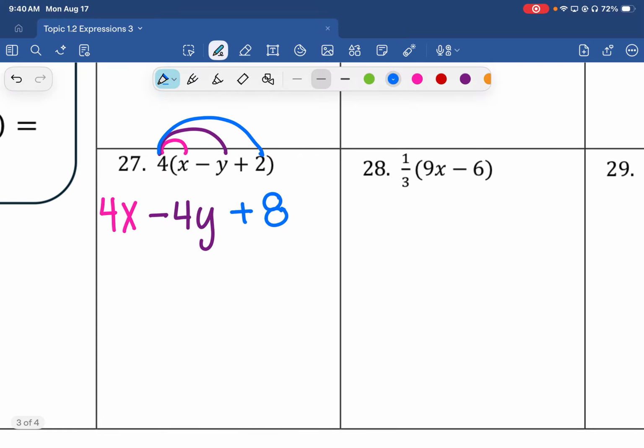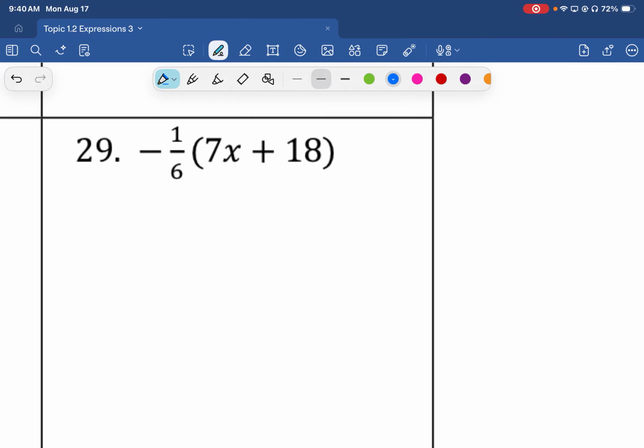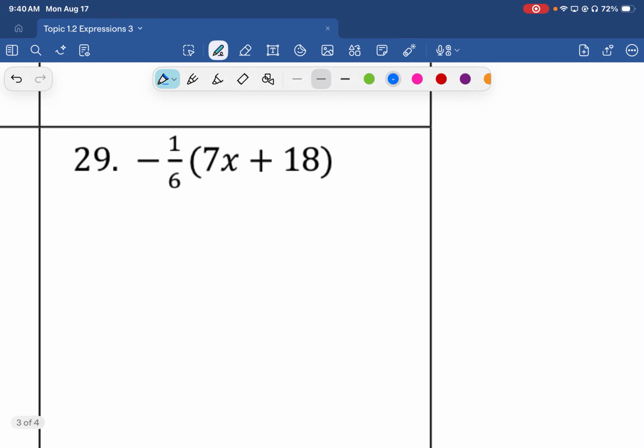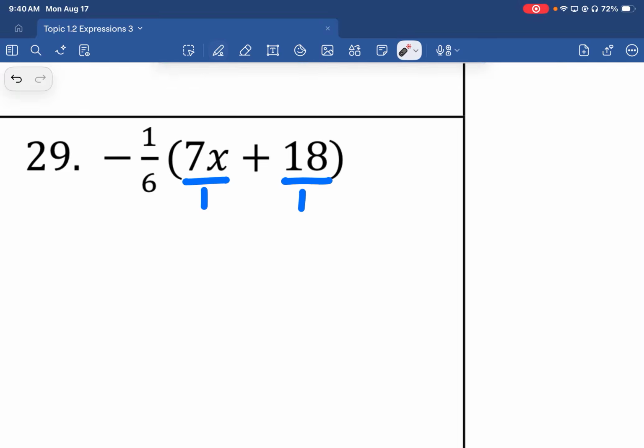Okay, for 29, we are distributing a fraction, so we have to multiply a fraction. The easiest way to do that is make the things we have to multiply with also fractions. So what do I need to put 7x over? 1. What do I need to put 18 over? 1. Now, whenever you have a fraction with a negative in it, it is easiest to just pick the numerator or the denominator and assign it with that.